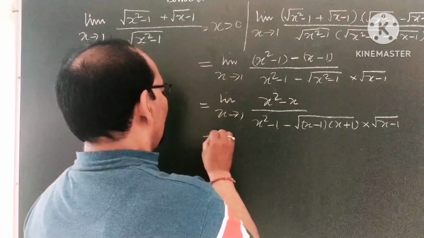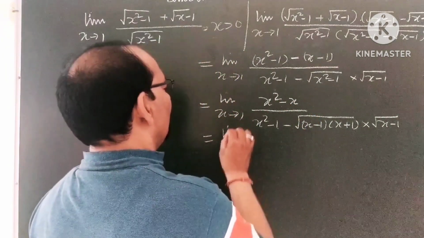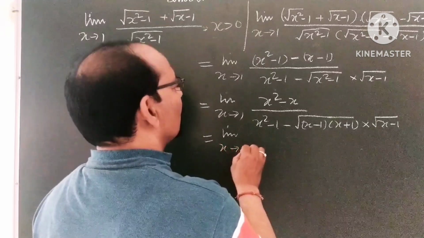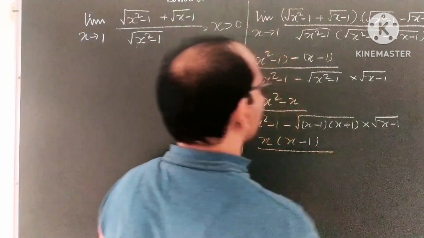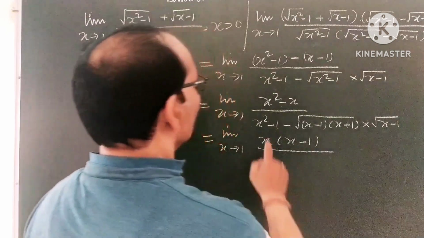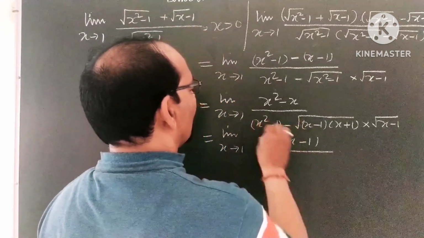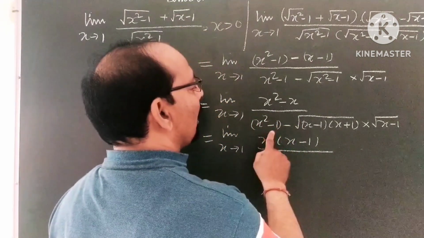Take x common here, there will be limit x tends to 1, x into x minus 1, and there will be x minus 1, x plus 1 in the denominator.